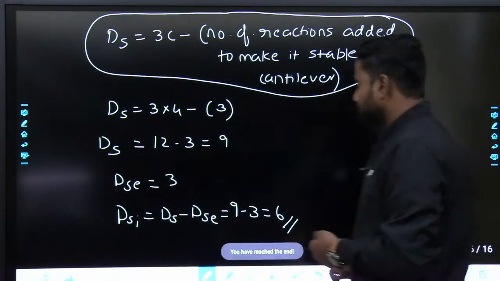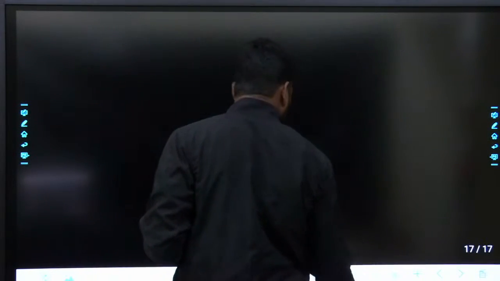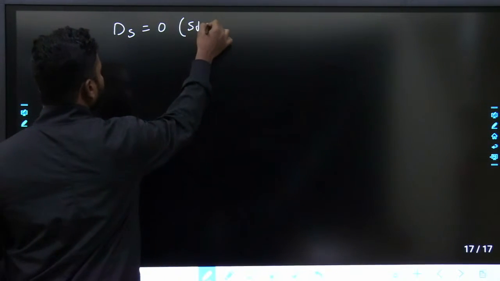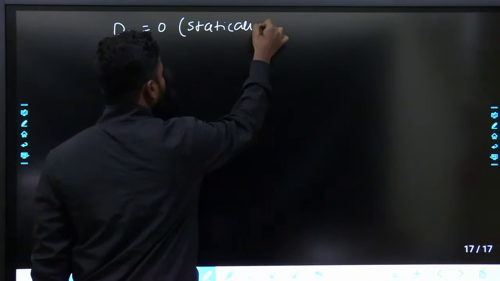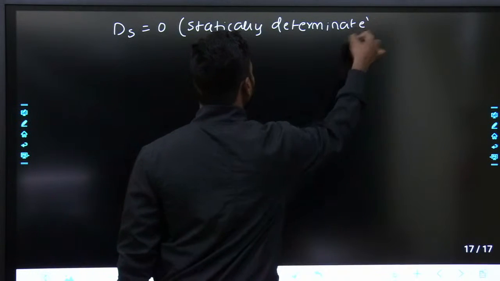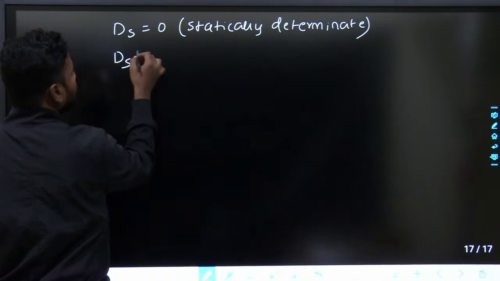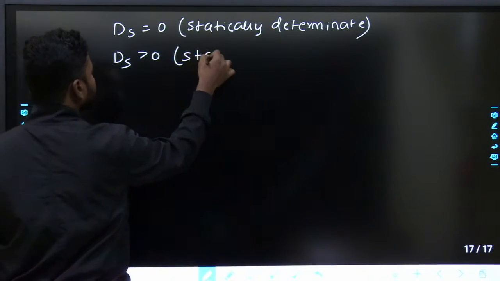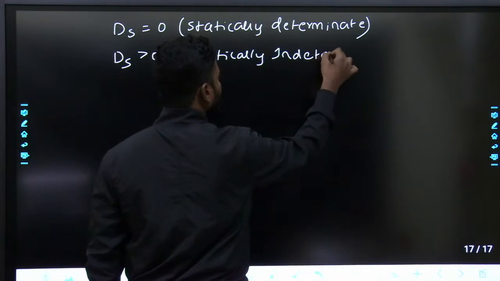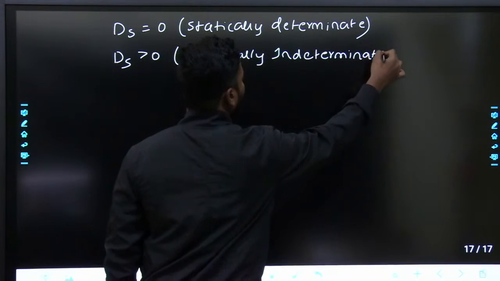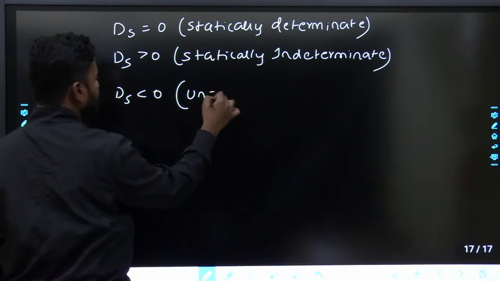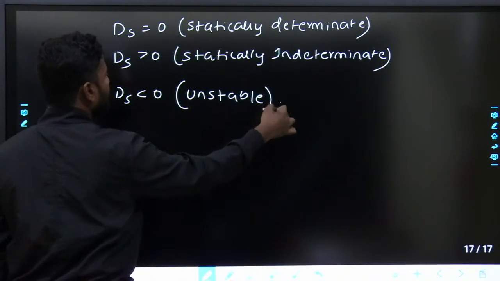And finally, same concept: DS is equal to 0, statically determinate. DS is more than 0, statically indeterminate, and then DS is less than 0, then it would be unstable.